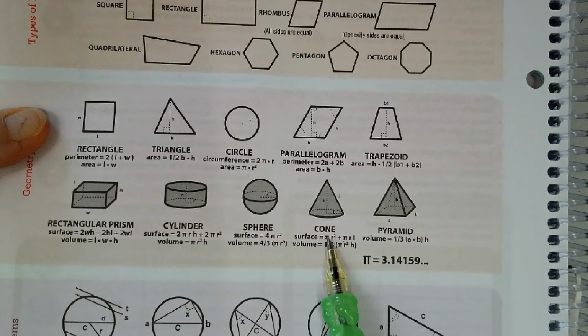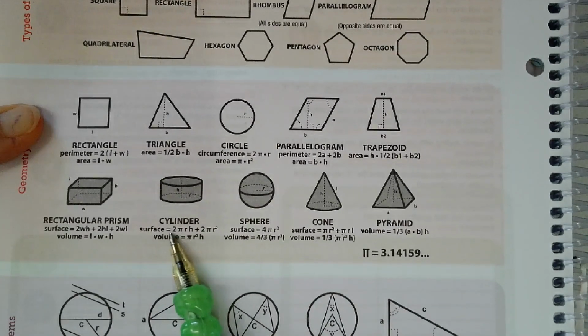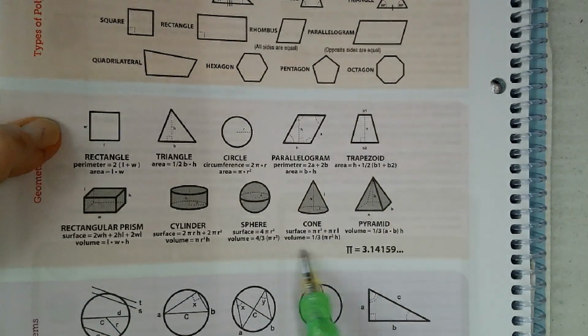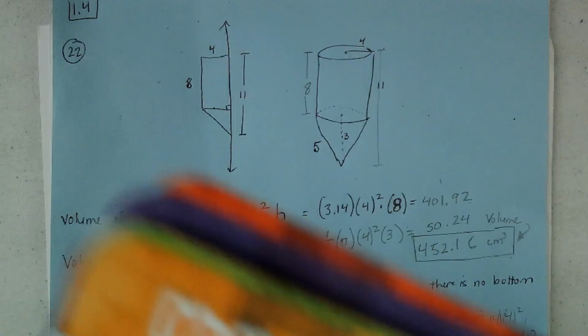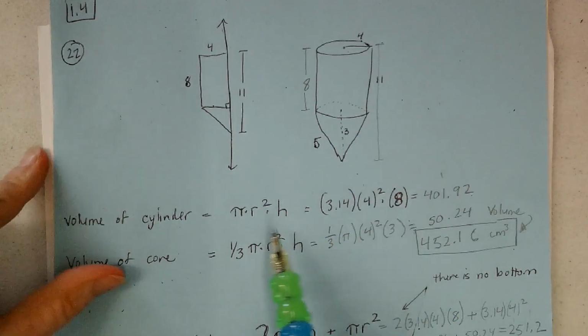I looked for my cone and my cylinder, and see how it has a surface area formula and a volume formula for both of those. It's made out of paper, so you can just pull it out of the planner. That's where I got my formulas from, or you can Google them.